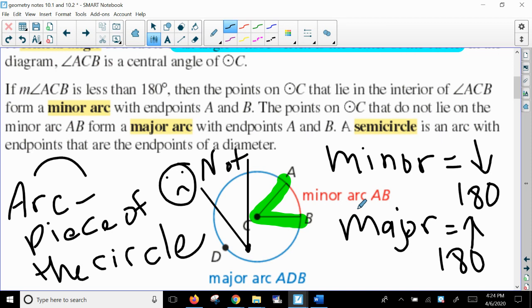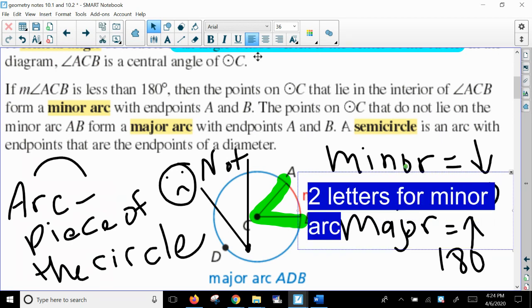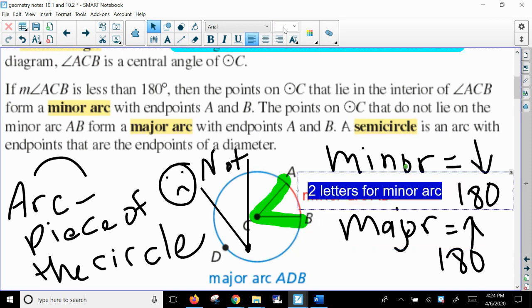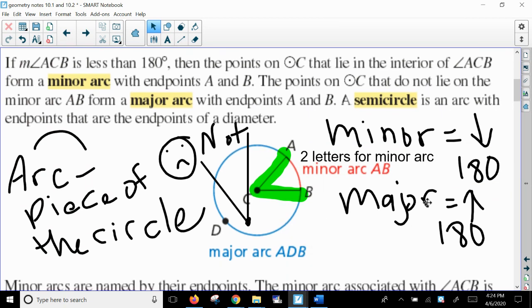You name a minor arc with 2 letters. I'm going to type that for you. 2 letters for minor arc. Make it small, pow, bam. Okay? So you need 2 letters for a minor arc. Major arc is more than 180.